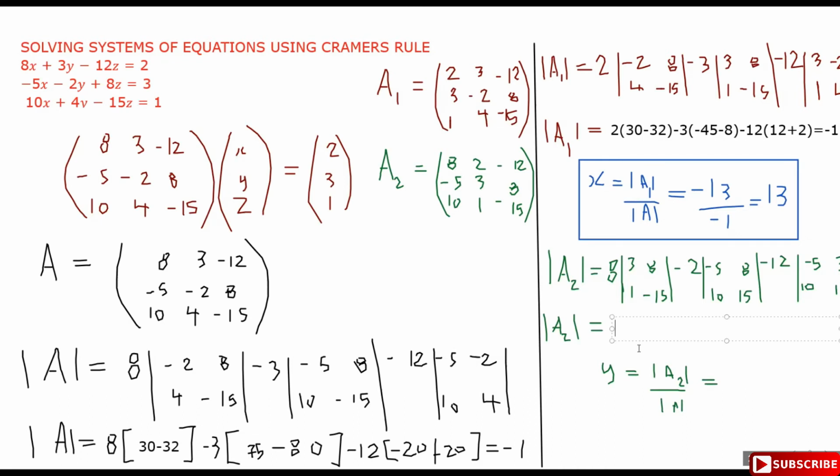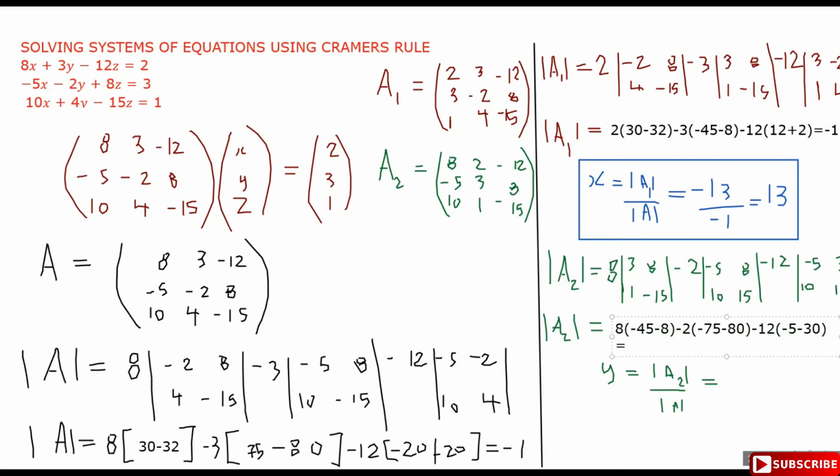So it's going to be 8 times, in bracket, minus 45 minus 8, close that bracket, minus 2 times, minus 75 minus 80, close that bracket, minus 12 times, minus 5 minus 30, close that bracket.